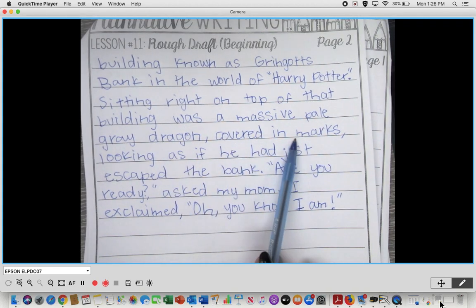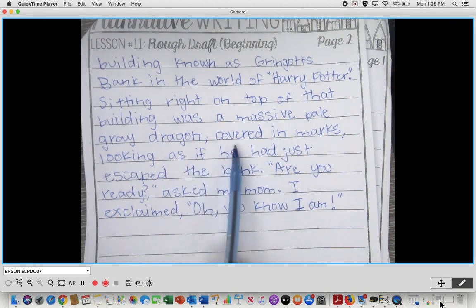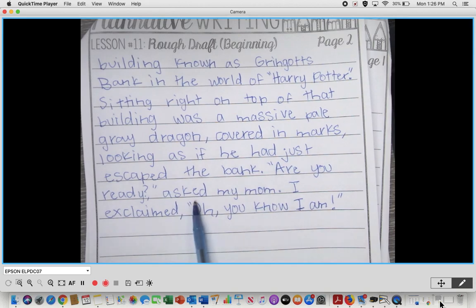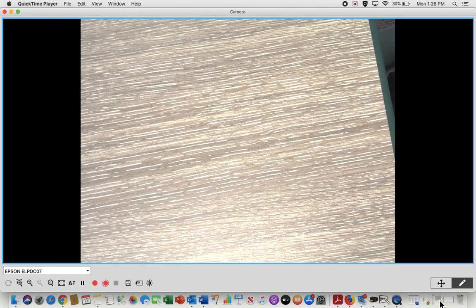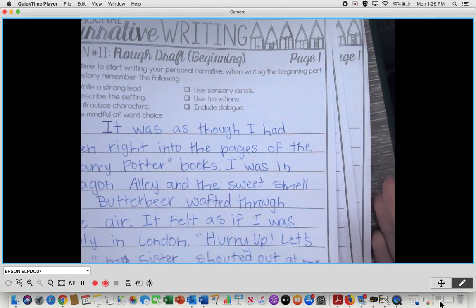He has marks on him, looking as if he escaped. And then finally, I finished off with some dialogue that kind of leaves my reader wondering, well, what's going to happen next? Like, I'm ready for what? And so I'm kind of setting them up for the excitement and letting them feel that excitement that I'm feeling as well.